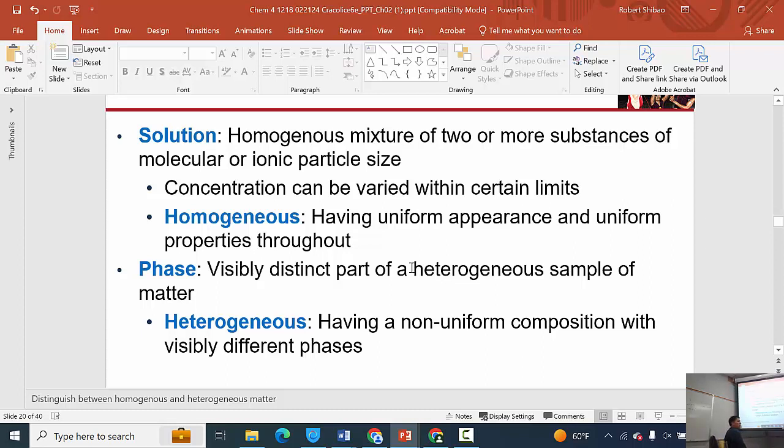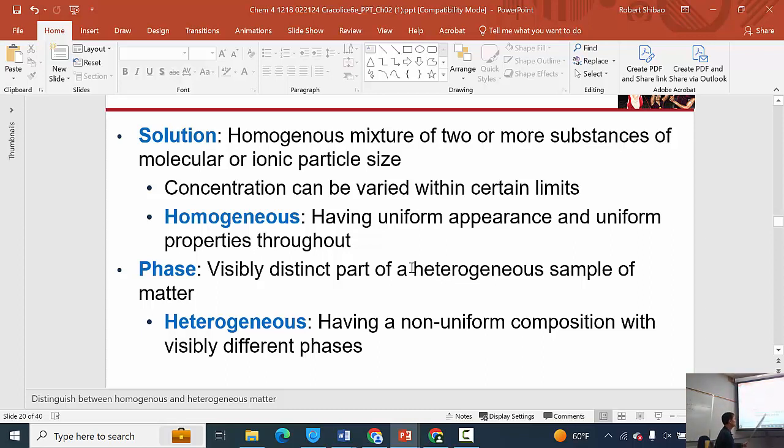Can you name something that's heterogeneous and a pure substance? I'm just being redundant, emphasizing the pure. Can you think of something that's heterogeneous but a single substance? Ice water. Ice is pure water. Liquid water is pure water.